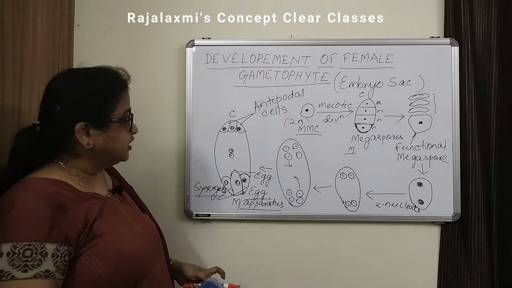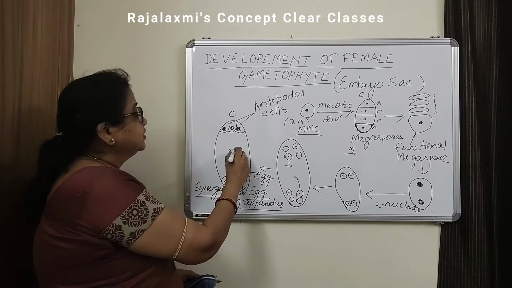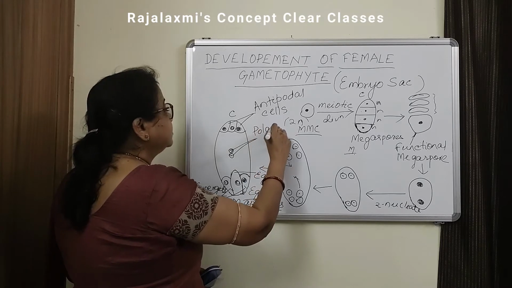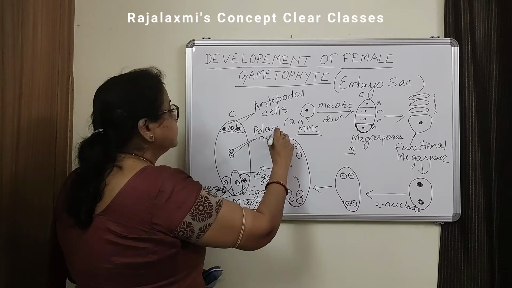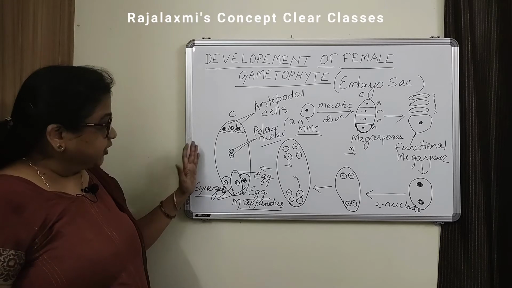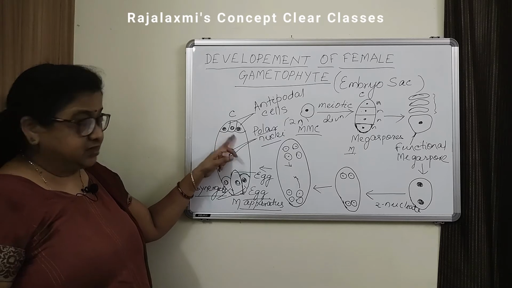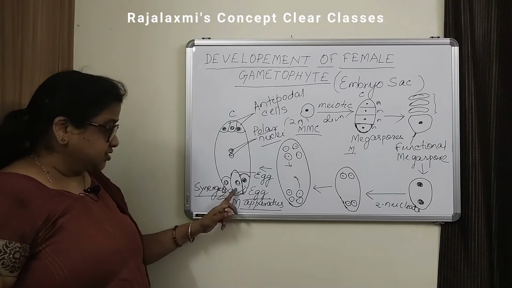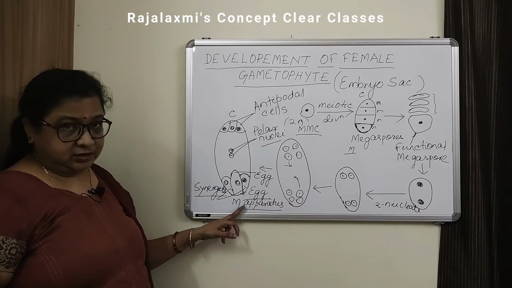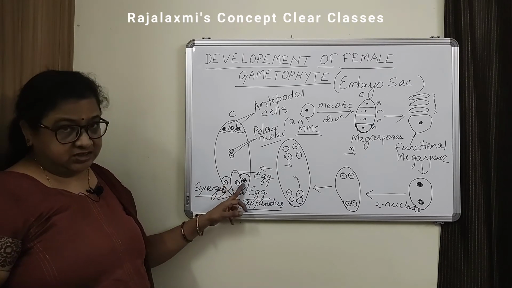Towards the chalazal end there are 3 cells known as antipodal cells, and these 2 are known as polar nuclei. So this is the structure of the matured female gametophyte. It contains 3 antipodal cells towards the chalazal end and 3 cells towards the micropylar end, which is known as the egg apparatus. The egg apparatus consists of an egg and 2 synergids.